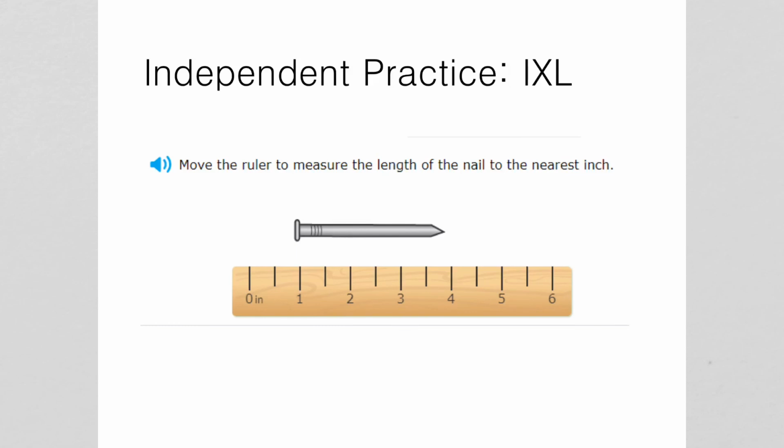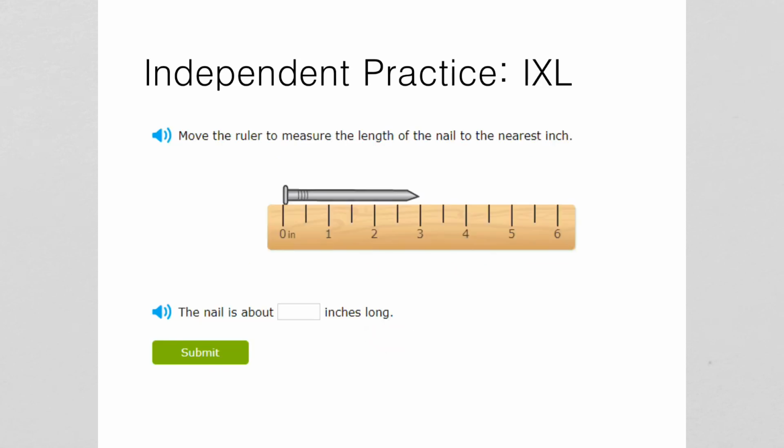So today, your independent practice will be on IXL. Here's an example of a question that you might have. Remember, if you click the blue volume button, it will read you the question. Move the ruler to measure the length of the nail to the nearest inch. Now, notice they want you to move this ruler by clicking and dragging. I move the ruler.